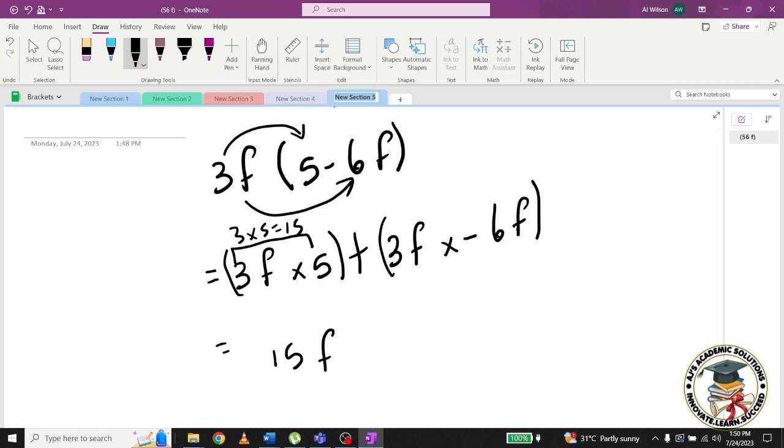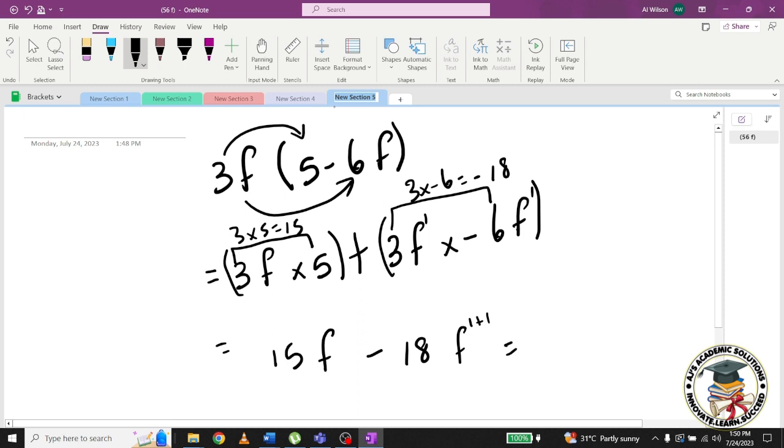Notice we're going to have f, and here is going to have the power of 1, and here also has the power of 1. And let's work here now. 3 times minus 6, so 3 times negative 6. 3 times 6 is 18, and we have negative 18. So we have negative 18 here. Our final answer, 15f minus 18f squared.